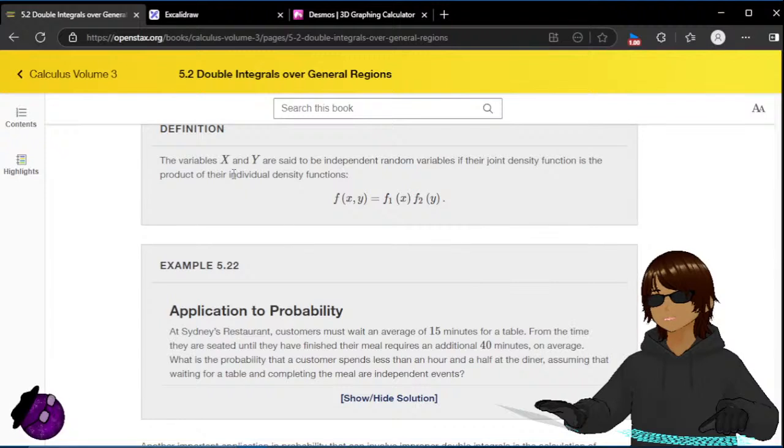The variables x and y are said to be independent random variables if their joint density function is the product of their individual density functions.